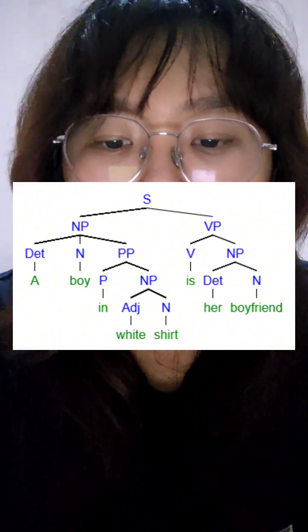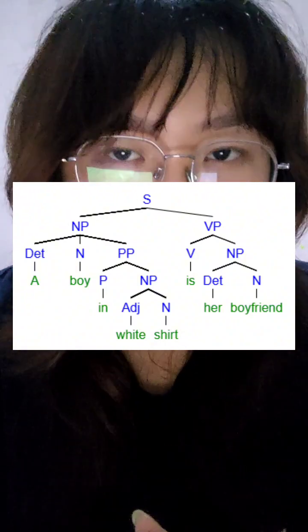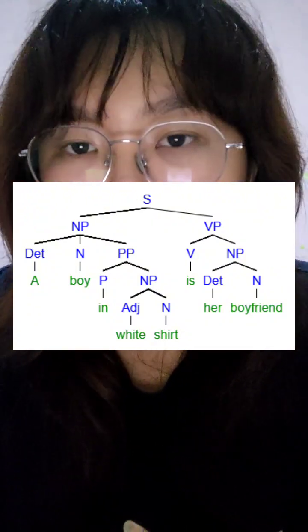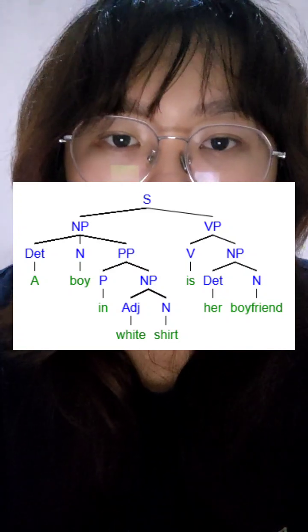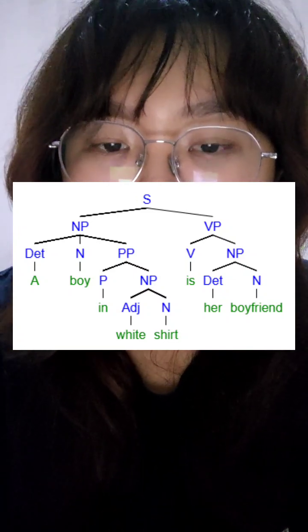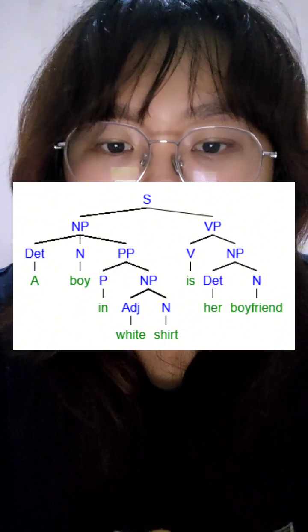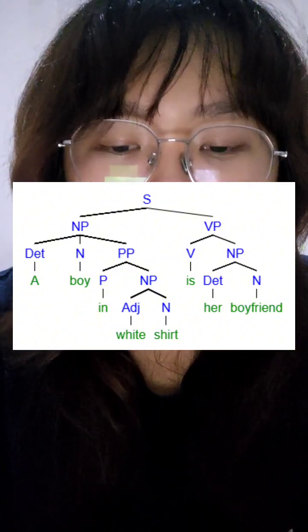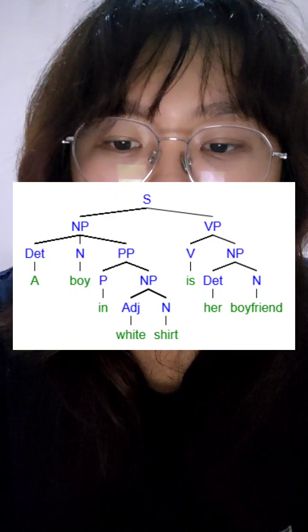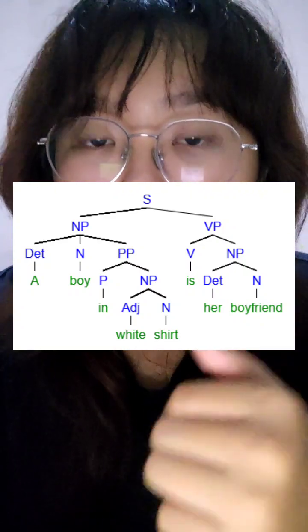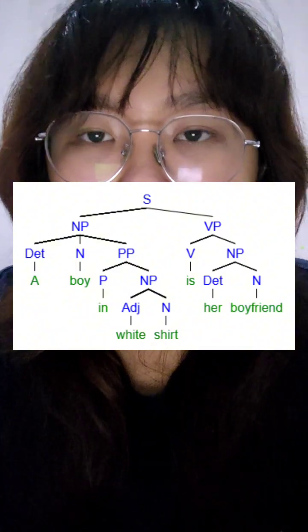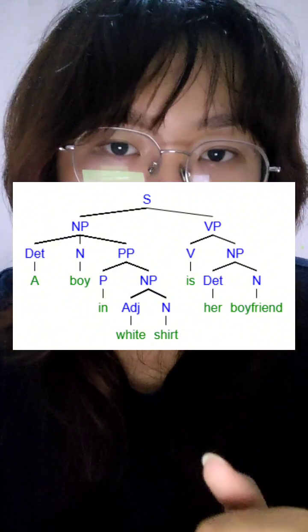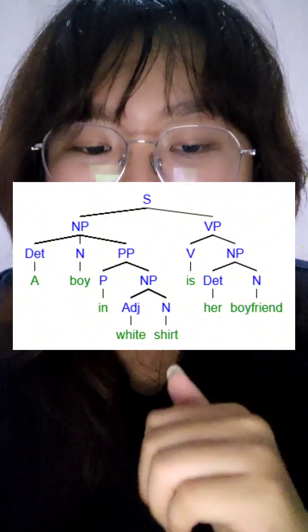Now why is the boy in the white shirt part of the noun phrase? The reason is that in white shirt indicates that the boy is wearing the white shirt. Instead of saying is wearing, we use in white shirt. So basically it means the boy is wearing the white shirt. And then the verb phrase is her boyfriend. Is her boyfriend.